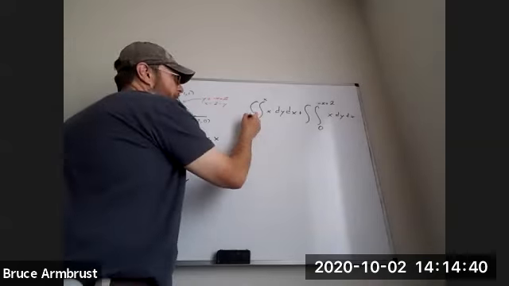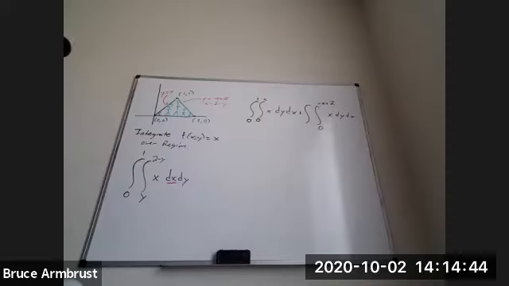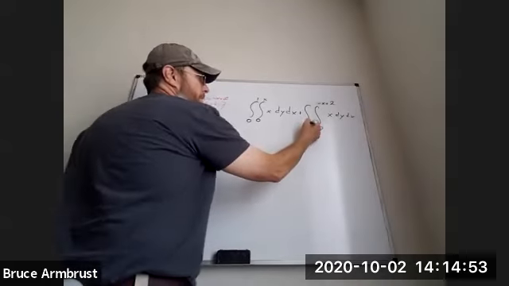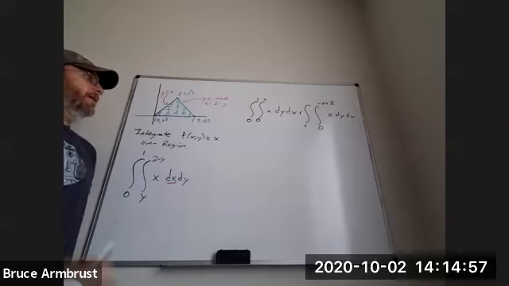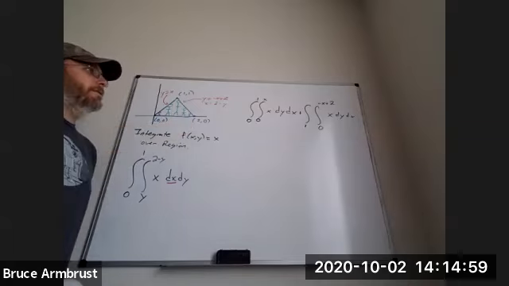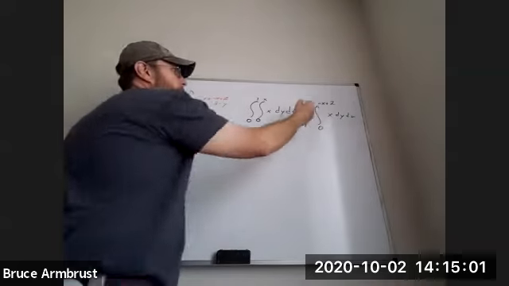So there's going to be an integral from 0 to 1 for the first piece. Then once he reaches x equals 1, now his head is on the other function. So that's going to be the start of the second integral. It's going to start at 1, and it's going to continue until x equals 2.